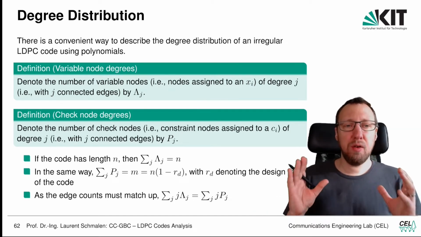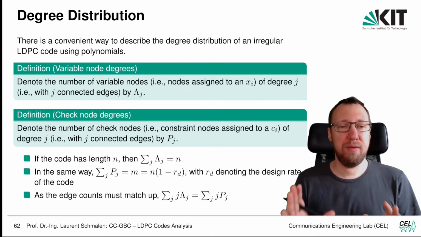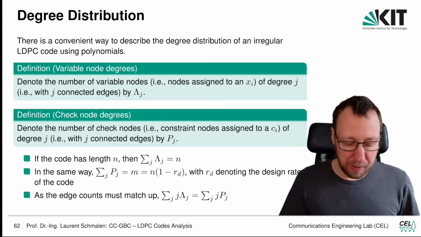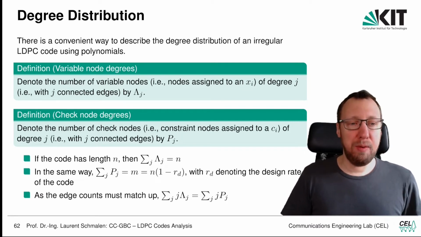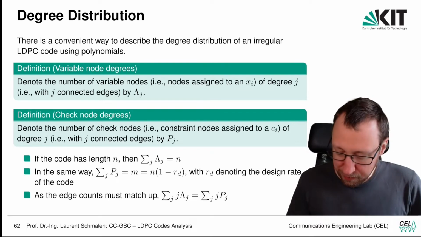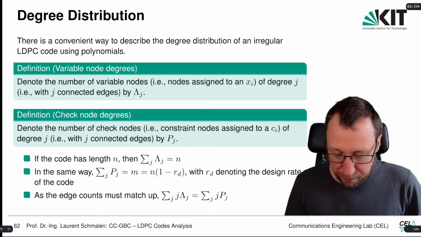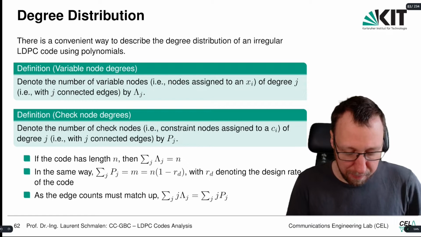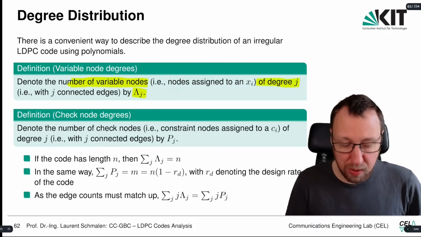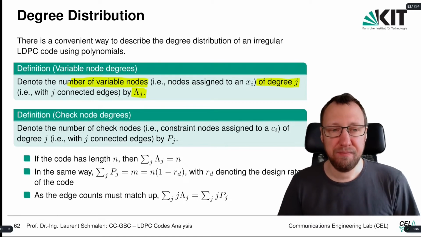So we start with just counting what we have. We have a parity-check matrix or a Tanner graph, and we start by looking at the variable nodes. We look at the degrees of the variable nodes, and we define the number of variable nodes of degree j to be equal to capital lambda j.